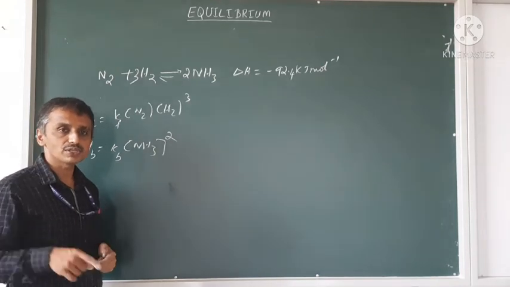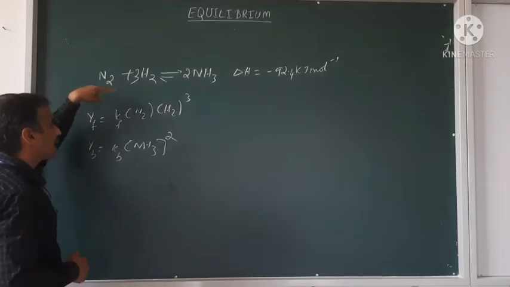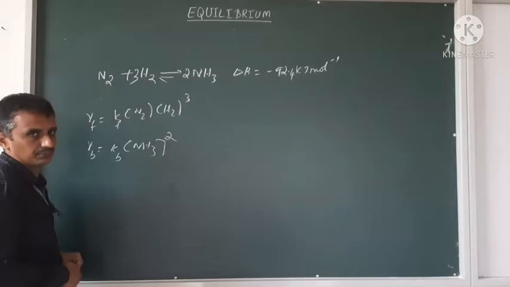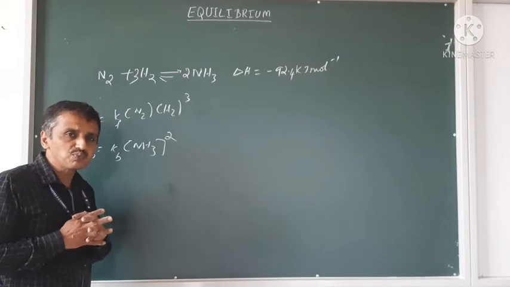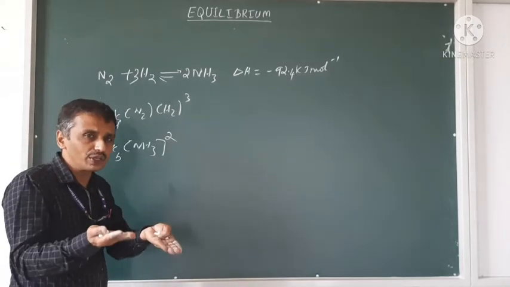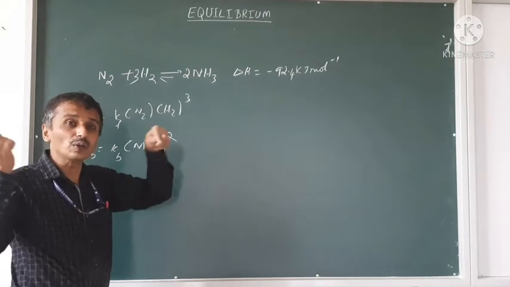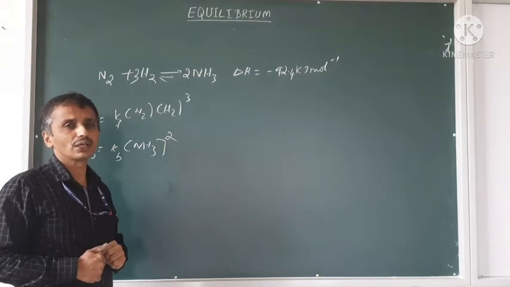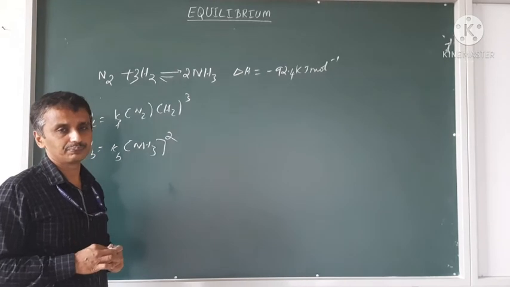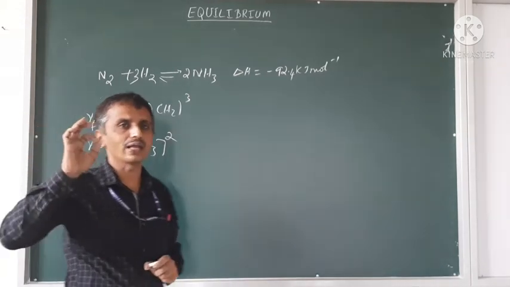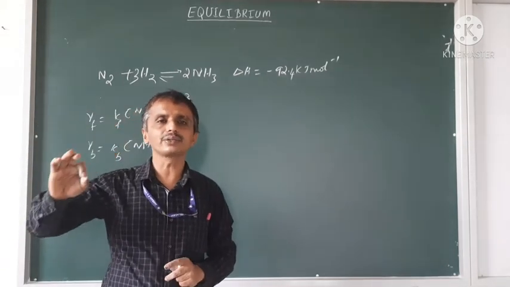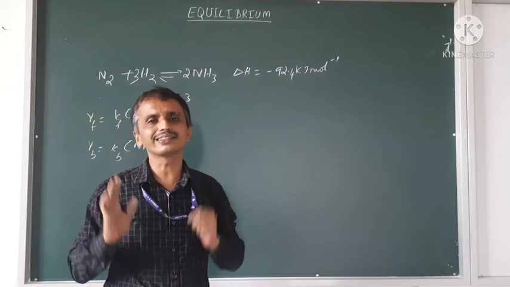But when we apply the catalyst, the rate of both forward and backward is increased to the same extent. The equilibrium will be reached in a quicker time. So catalyst will help the reaction to attain the equilibrium in a lesser time only.